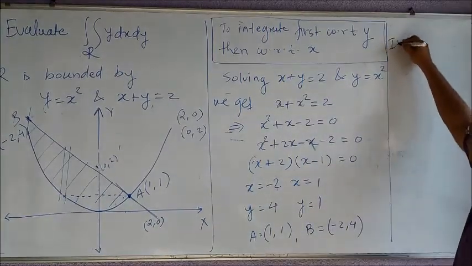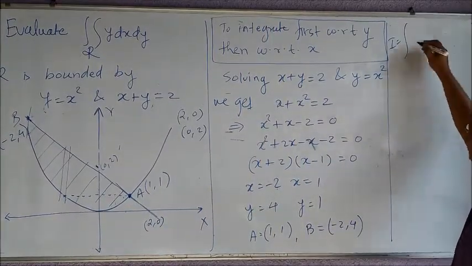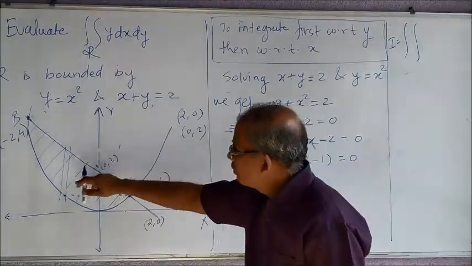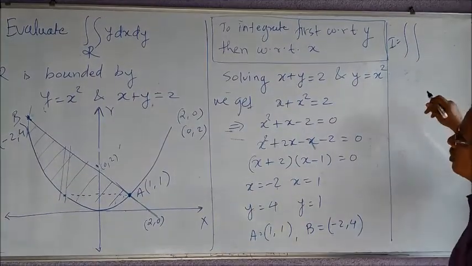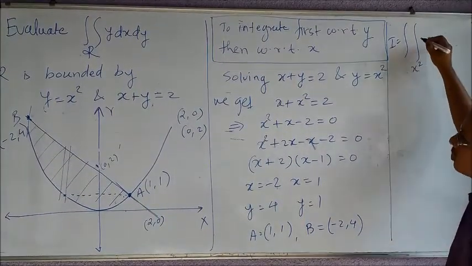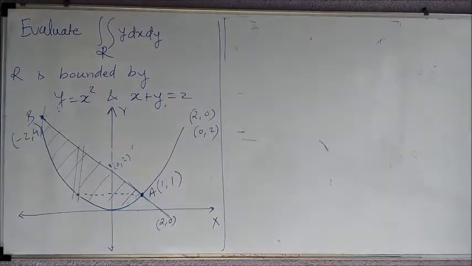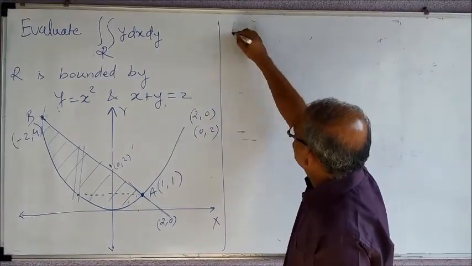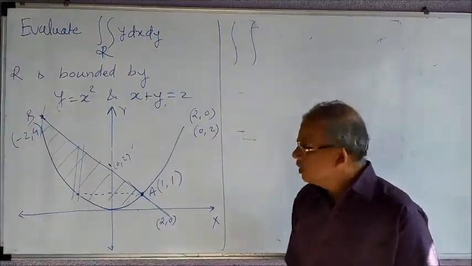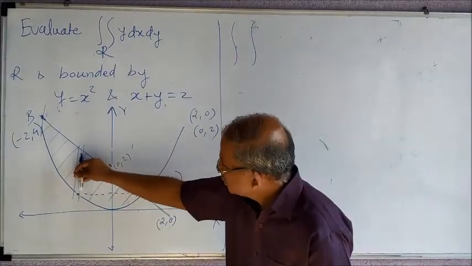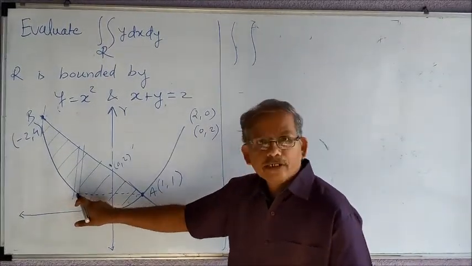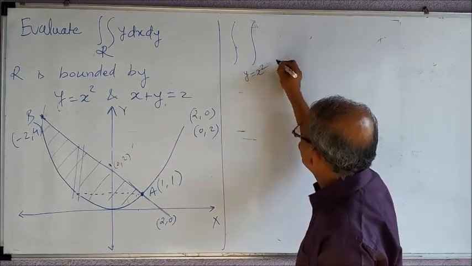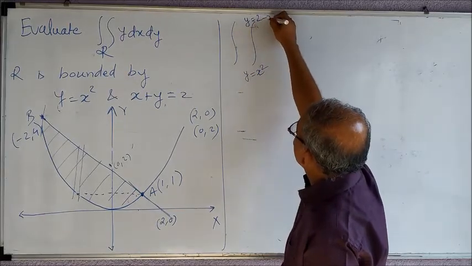So I is equal to the integration. Let me write the inner limits first. With respect to y we are doing, so from y equal to x square to 2 minus x. So this pen, see that I am keeping, at the lower end it intersects the parabola, so it is y equal to x square, to y equal to 2 minus x.